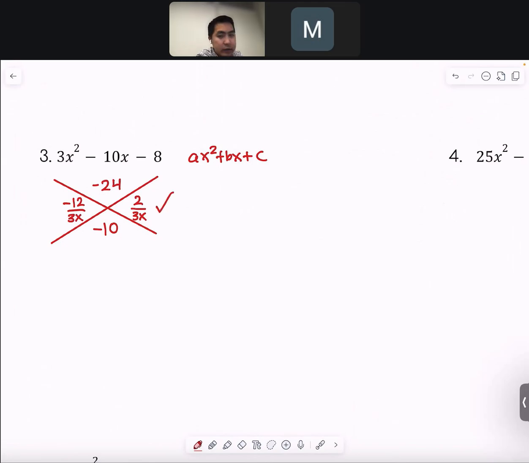Now this one's fine, that can't simplify. This can simplify. You could divide top and bottom by 3. Negative 12 divided by 3 is negative 4, and 3 divided by 3 is 1, so just 1x, right? So your factors are x minus 4 and 3x plus 2, bottoms up, right?